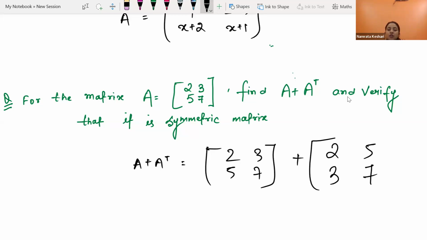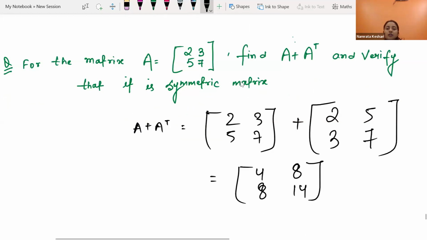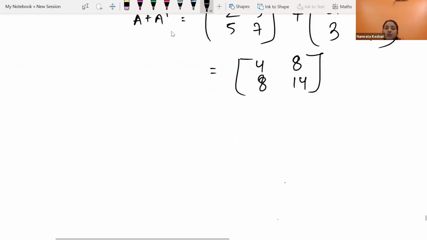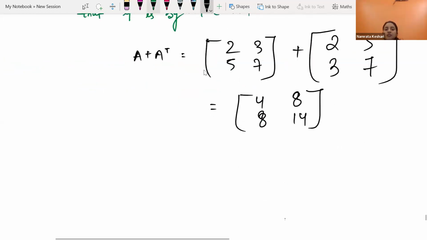And when we add them, what are we going to get? 4, 8, 8, 14. Okay, this is what we got, A plus A transpose. And we have to check whether the resultant matrix which we have obtained is a symmetric matrix. Is that symmetric?